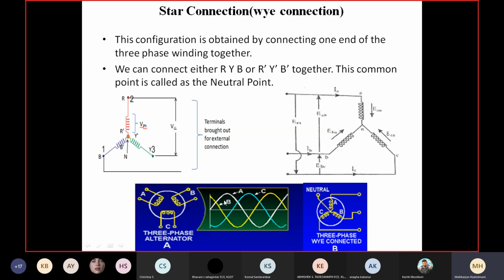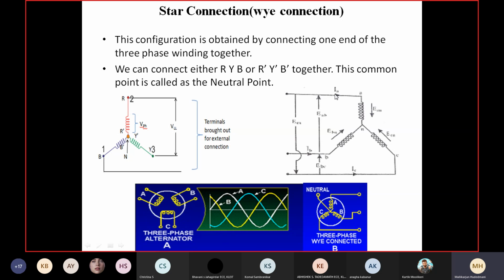The waves on the upper half are driving into the neutral point, and the wave shown at the same time in the bottom is going out. Suppose at this point two are in the negative plane and one is in the upper plane. What is the meaning of this? The white wave, suppose the A group, is driving current into the junction, and these two waves are driving it out. So KCL has to be valid. That's the reason. You need not worry about that.